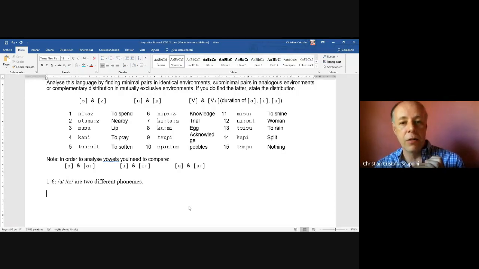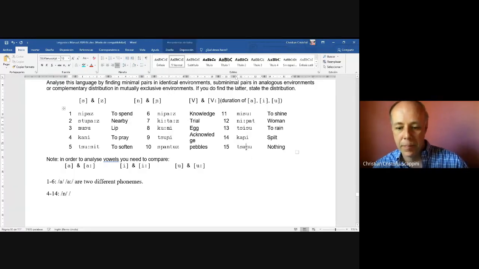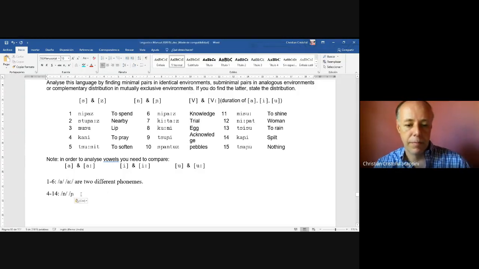Then let's keep looking for minimal pairs. Do we have another minimal pair? Yes. Number 4 and number 14 are examples of minimal pairs. The N and the ñ are two different phonemes.